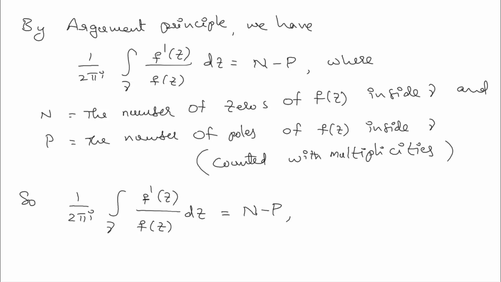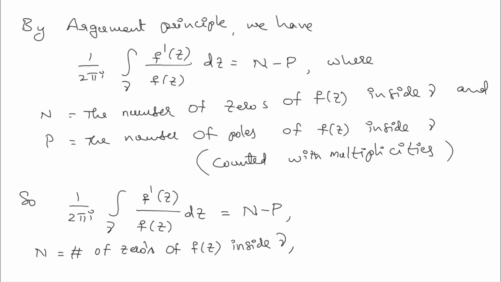Here n is the number of zeros of f of z, where f of z is our given function, the polynomial, inside gamma. Okay, let me write gamma only.